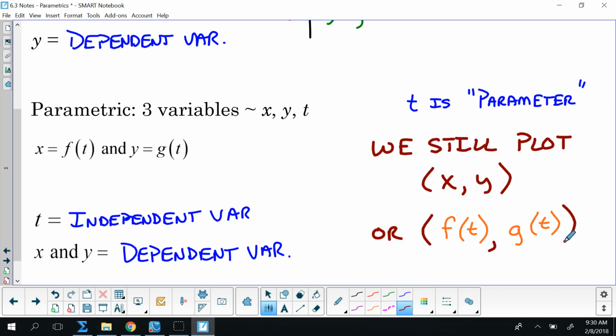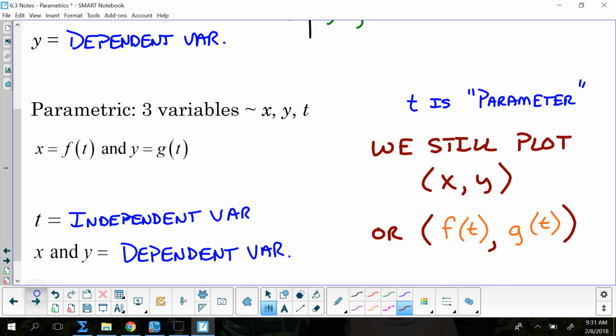Sine of theta. So what's my parameter on the unit circle? Theta. Theta is my parameter. It's what I change, and then I pick an angle, and that gives me the corresponding x value and the corresponding y value that ends up plotting the circle. So this is a parametric equation. We've been working with it since the end of October.